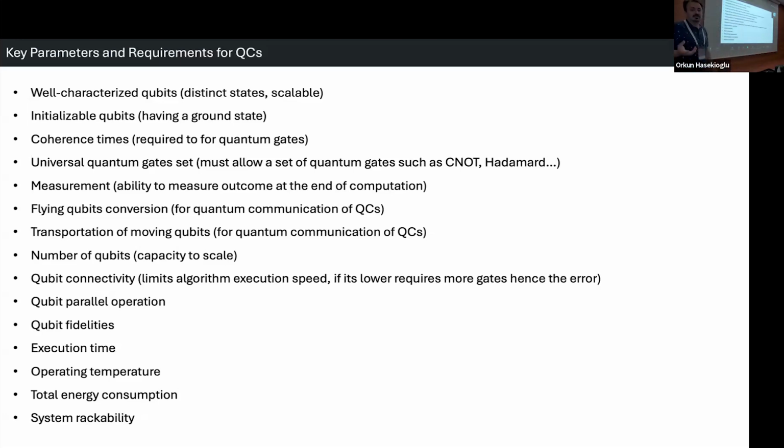Because it's a very weak signal. If, for example, it's an RF signal like in superconducting systems, it will be a few gigahertz. If you try to get this gigahertz signal out of your cryostat, you will just get noise, nothing else.